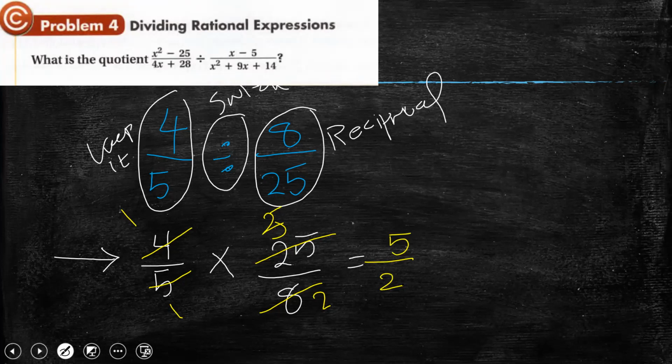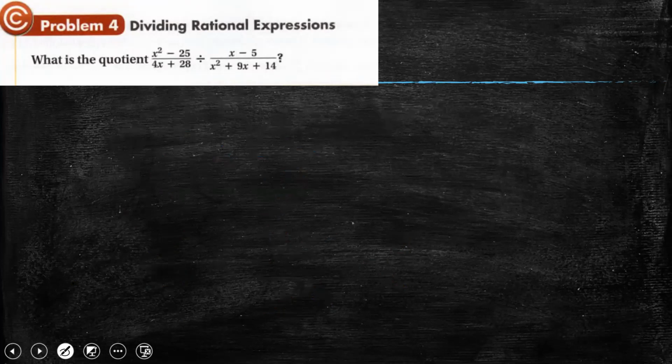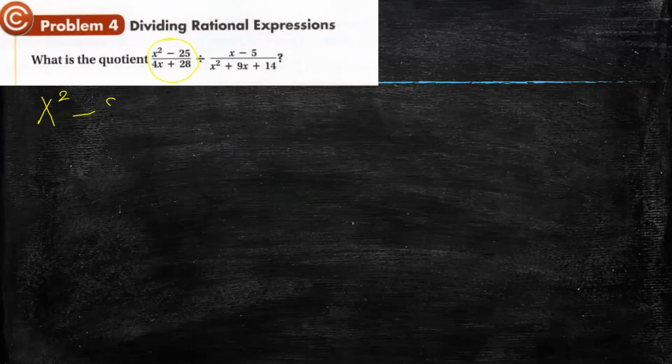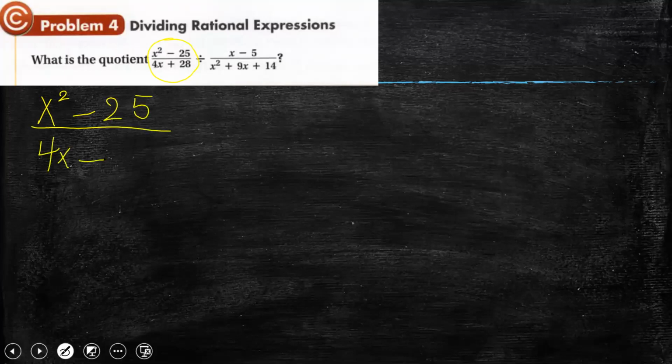Now the same steps apply when we divide rational expressions. Let's see how. Here we have x squared minus 25 over 4x plus 28, divided by x minus 5 over x squared plus 9x plus 14. The first step: write the first fraction, keep it as it is, x squared minus 25 over 4x plus 28.